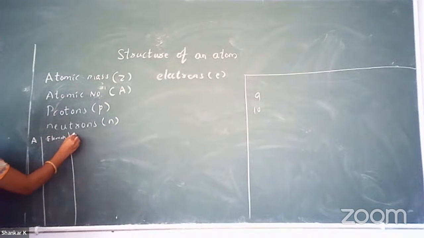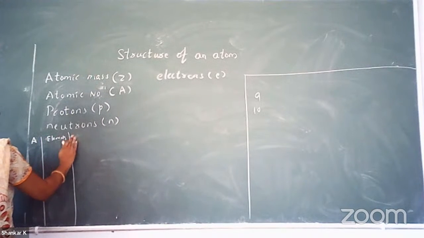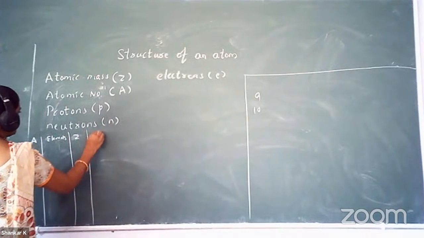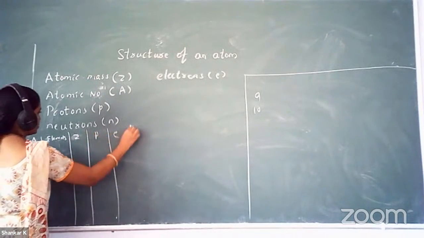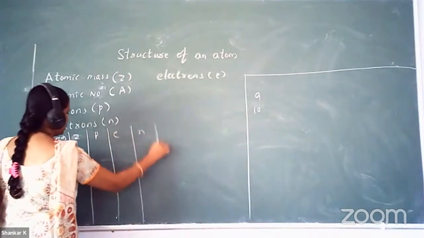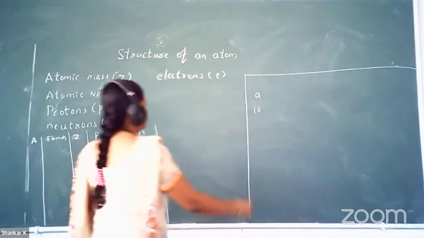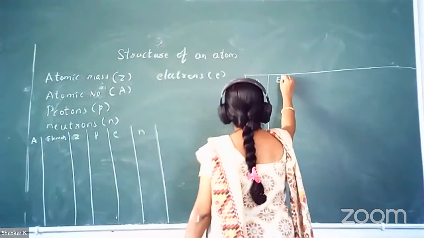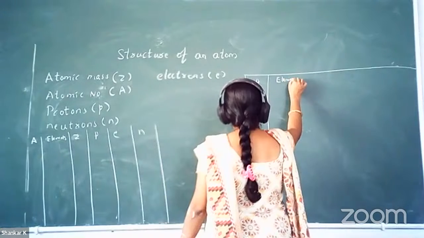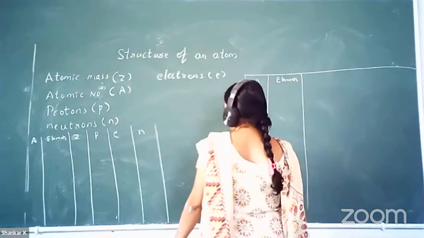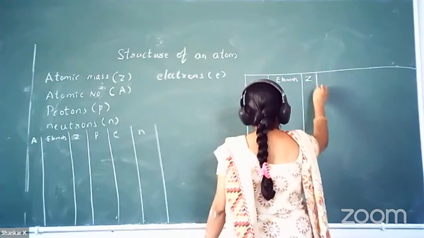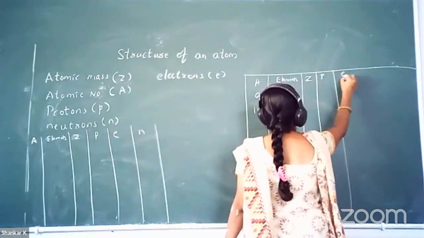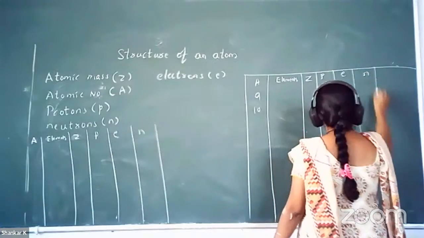Then I'll write atomic mass, Z. Then protons, electrons, neutrons. I'll write it like this: atomic number, element name, then Z means atomic mass, then protons, electrons, neutrons.